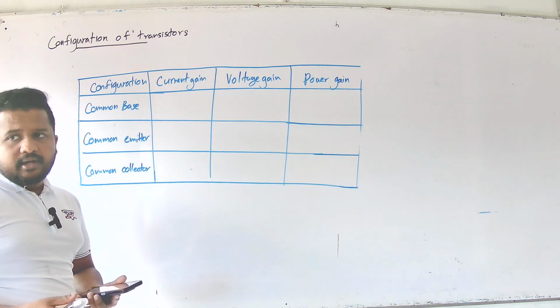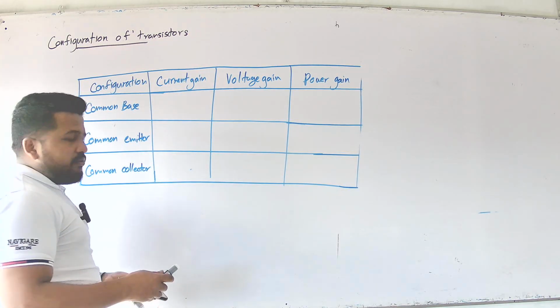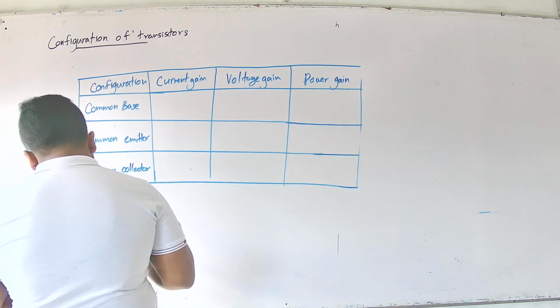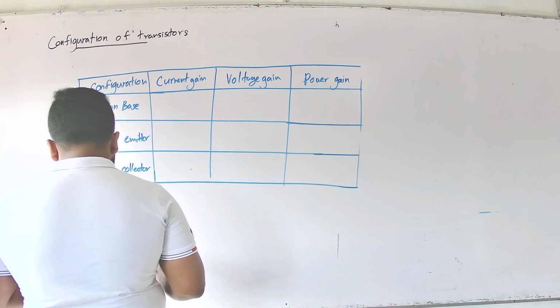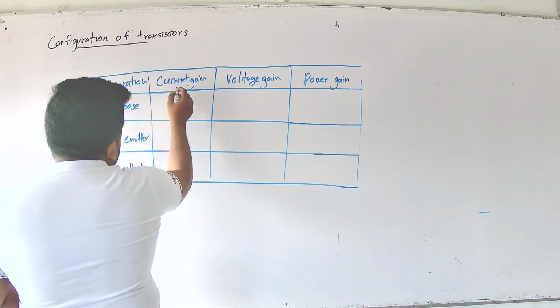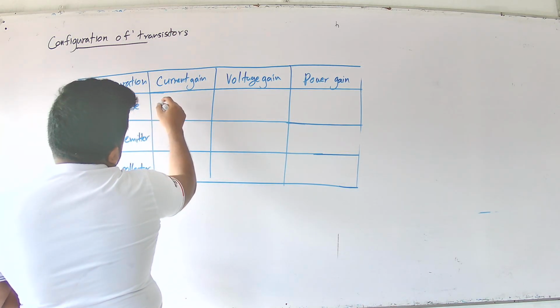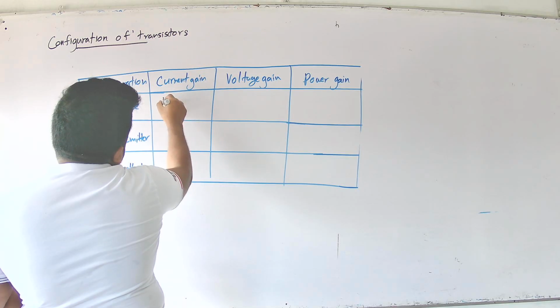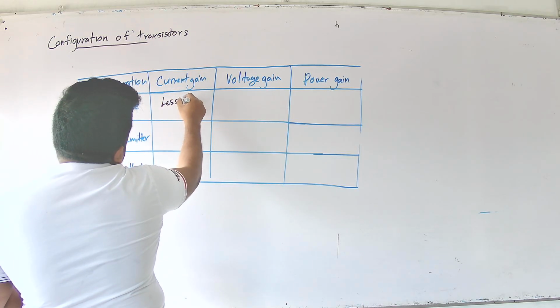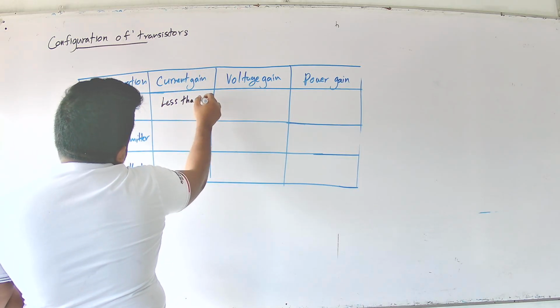අපි ඉස්සරහට කතා කරන එකේදී ඔයාලට තේරෙයි මේ voltage gain එක power gain එක කියලා කියන්නේ මොකද්ද කියලා. Generally, the current gain of the common base is less than 1.